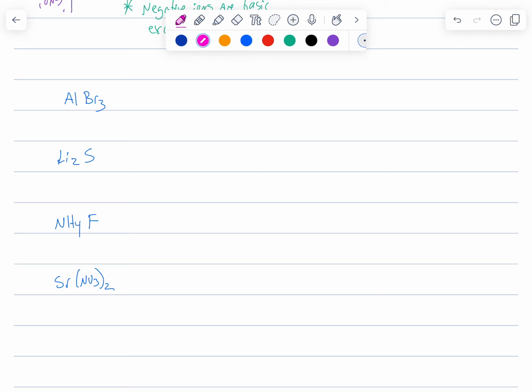Okay, so now that you've completed these, let's go ahead and reason out what's going to happen. So in the first one, aluminum bromide, what we should realize, these two ions, is that aluminum is a cousin alpha, which means that's going to be acidic. Bromide is derived from the strong acid HBr, which means the bromide ion is inert.